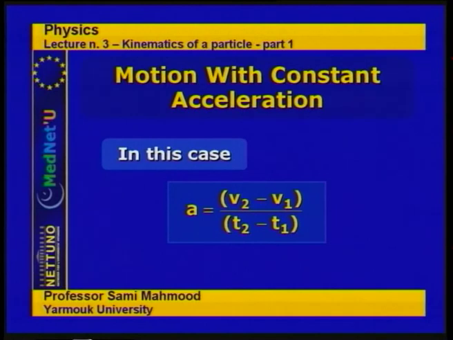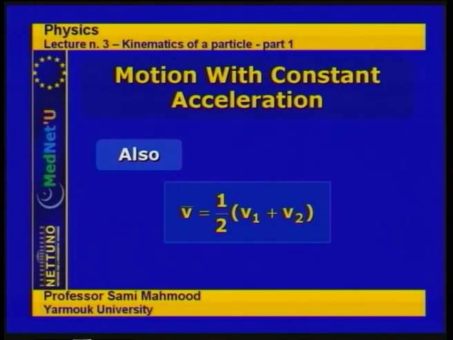So we write A is equal to V2 minus V1 over T2 minus T1. Acceleration is equal to the average acceleration. From this definition, for the constant acceleration, we can arrive at the equations of motion.